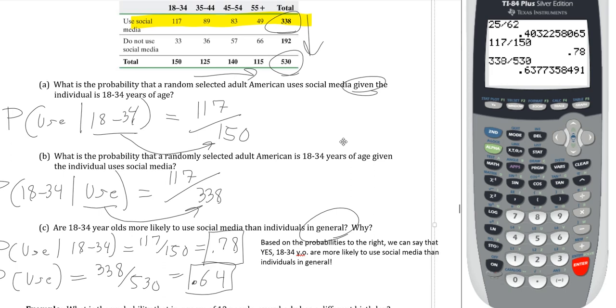That would be our overall conclusion. We see that 18 to 34-year-olds have a 0.78 chance of using social media. We have a 64% chance that somebody uses social media.